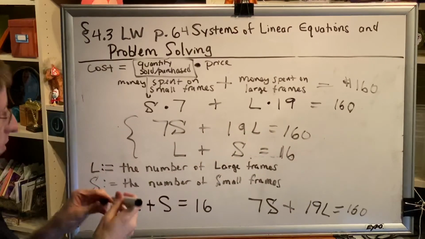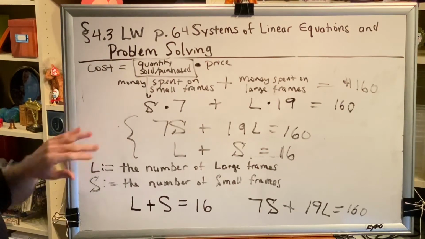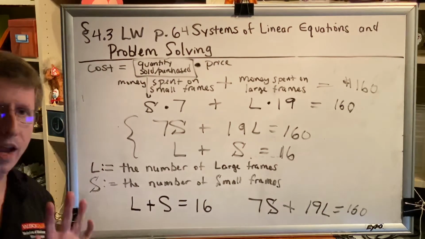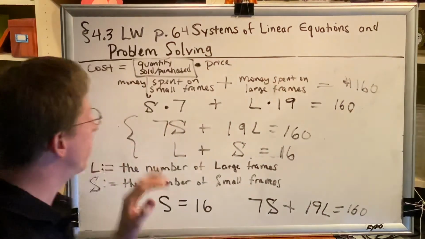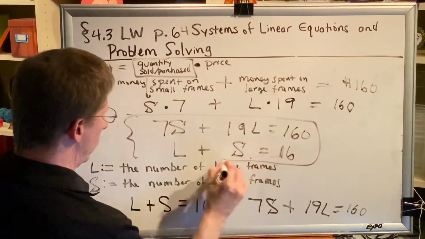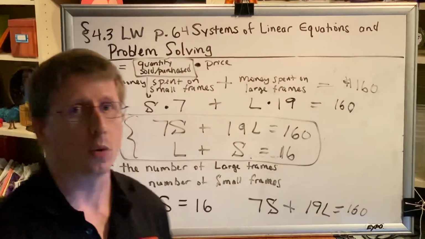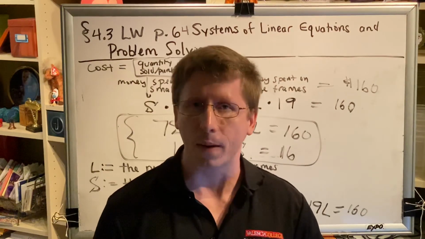This is our system. In step 3, we'll actually solve this system algebraically, but for right now, all we're doing is focusing on step 2, getting really good at step 2. There's the answer to step 2 of this problem involving the holiday season and buying frames for your friends.